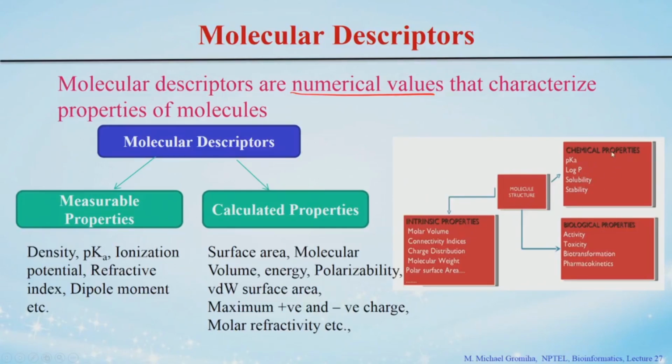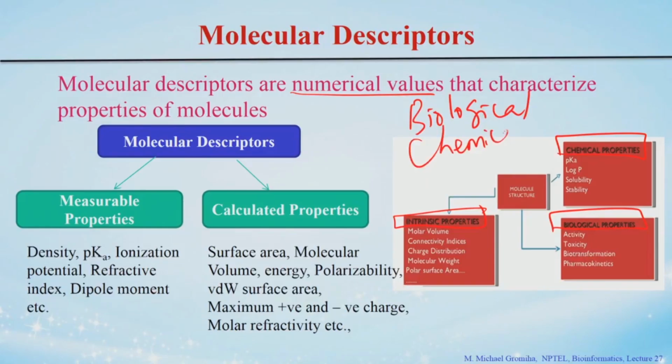For example, the chemical properties include pKa, log P, solubility and so on, the biological properties include toxicity, activity and so on, and the intrinsic properties include charge distribution, polar surface area, molecular weight. So, you can see the intrinsic, chemical and biological properties of any ligand.